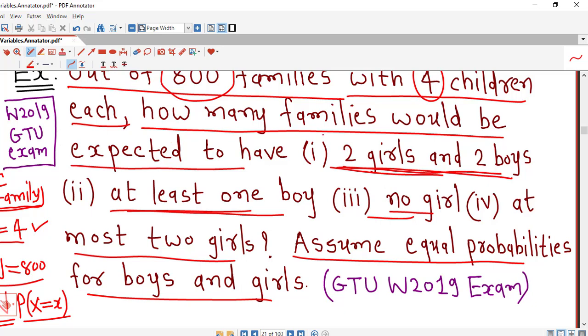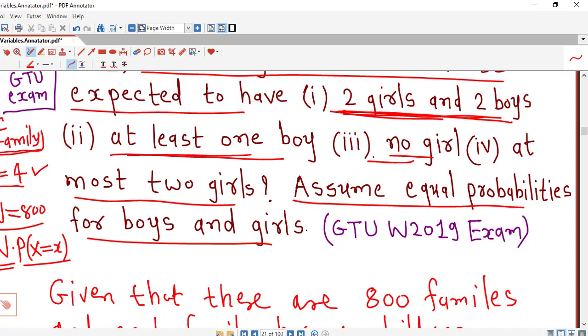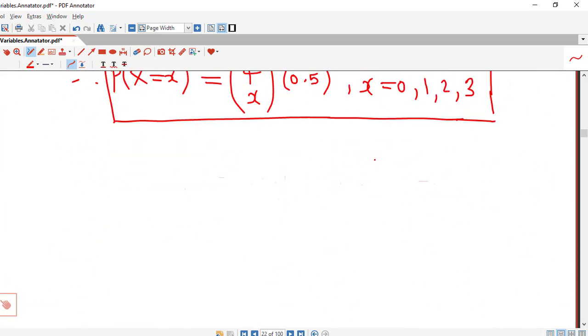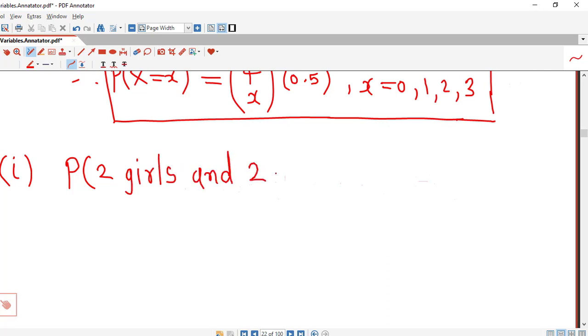In the first part we are asked to find out how many families would be expected to have 2 girls and 2 boys. So first we find the probability of this event, probability of 2 girls and 2 boys. So first we find out the probability that in a single family there are 2 girls and 2 boys.